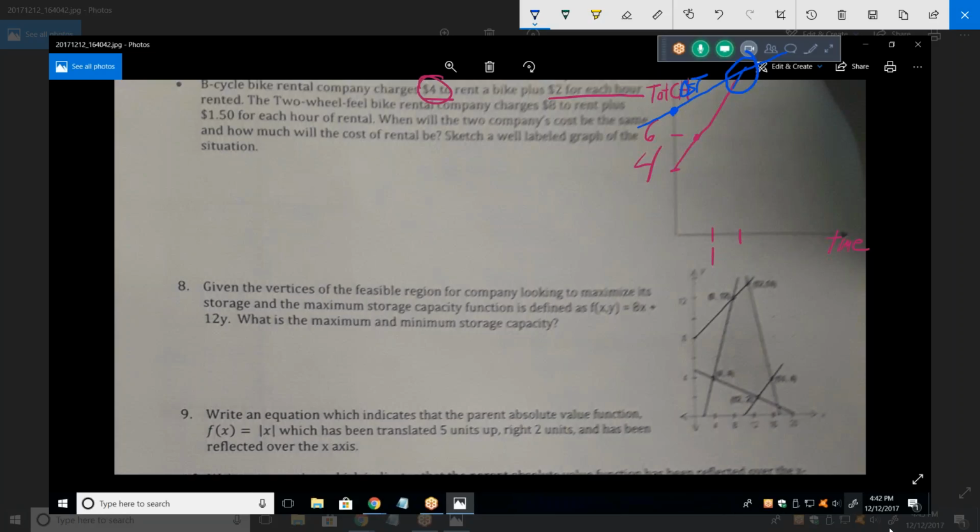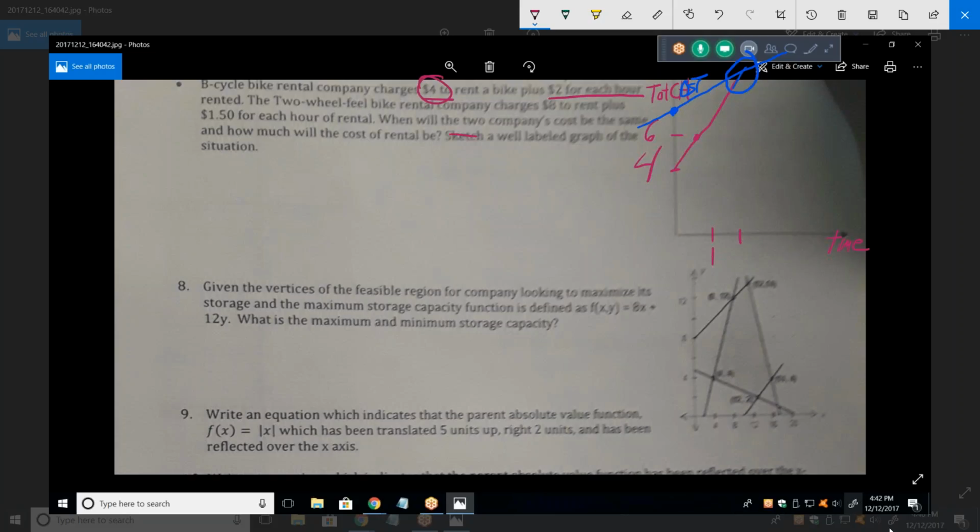They're equal when these two are the same, which is where I've put it up there. They want some numbers, and I can't accurately get numbers from the graph. So they wanted us to graph it, but to solve it, I really need to do it algebraically. So tell me how to begin.